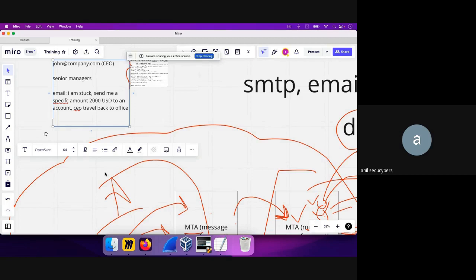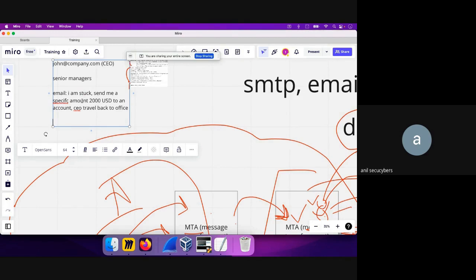They were not able to say if that email was a phishing one or not, because normally when we train employees on how to detect a phishing attack, we tell them to look at the from address and to address and so on. So here the from address was an authentic one. Most of the senior managers were afraid about what happened to the CEO and why he was asking for 2000 USD from us, and they were actually ready to pay to that account to help the fake CEO.